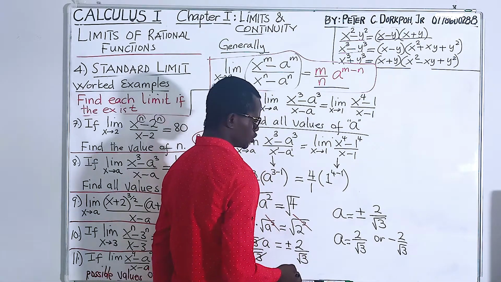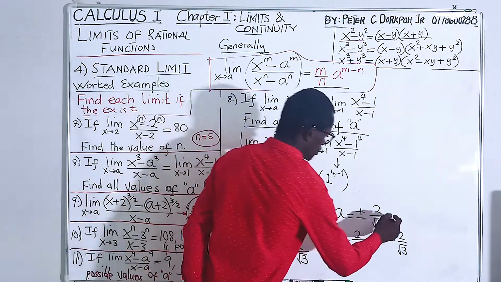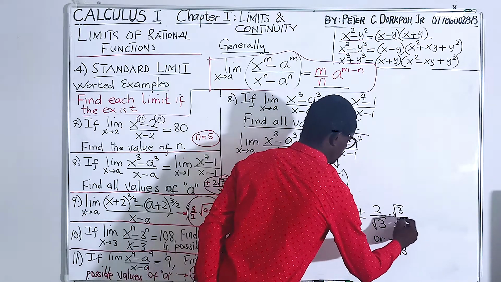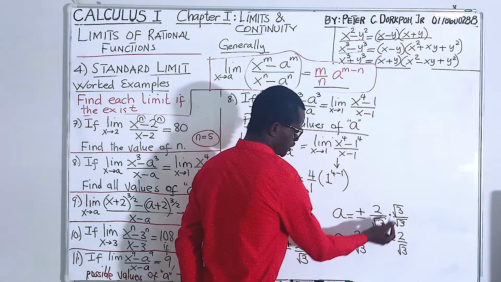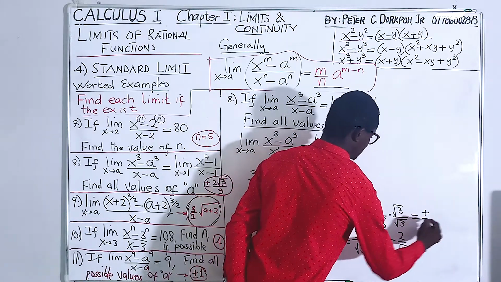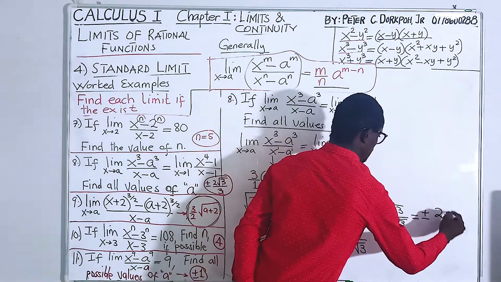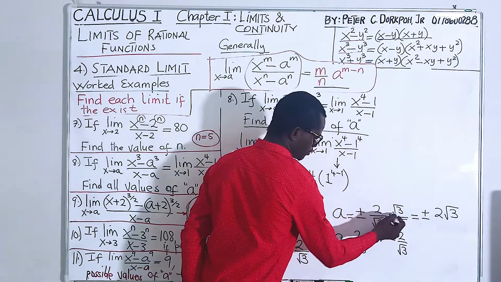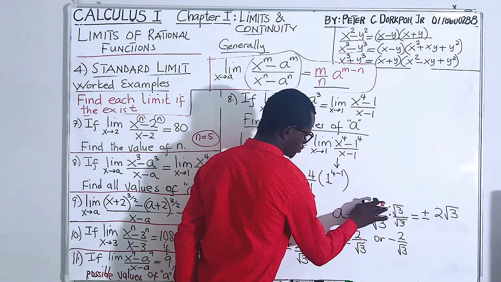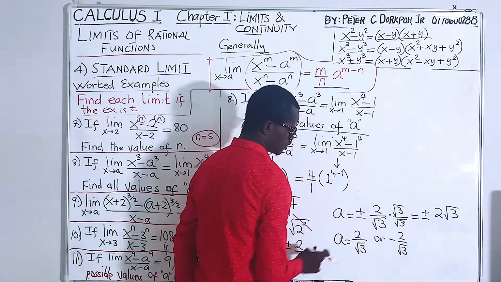But what if we don't want to use the root of 3 in the denominator? We can rationalize this root of 3. Rationalize means we multiply root of 3 in both the numerator and the denominator. So this will give us plus or minus 2 times the root of 3. We can now multiply 2 by root 3 because this 2 does not have a root. If it had a root, we would have multiplied the two of them.